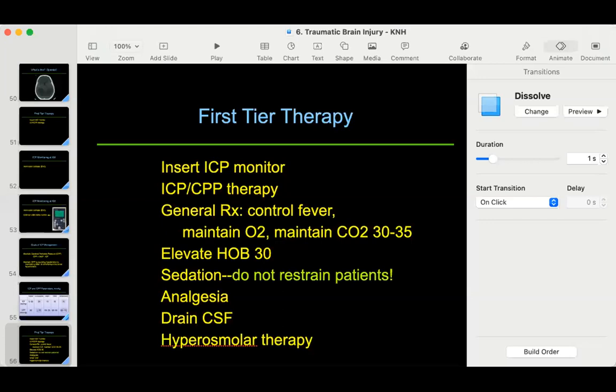Brain death is the end stage of brain injury. It's brainstem death that we are trying to avoid, because once you get brainstem death, mortality is just a matter of time. And so if you don't sort all this out and you have persistent high ICP, you're going to get tonsillar herniation.